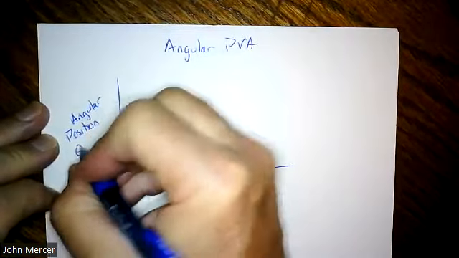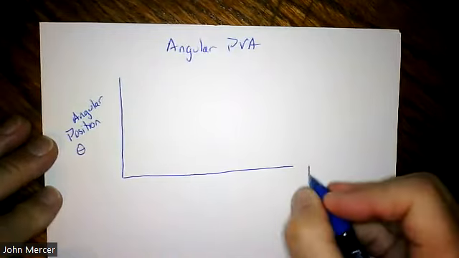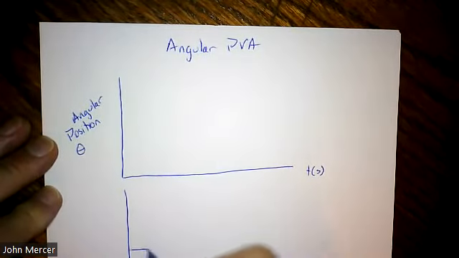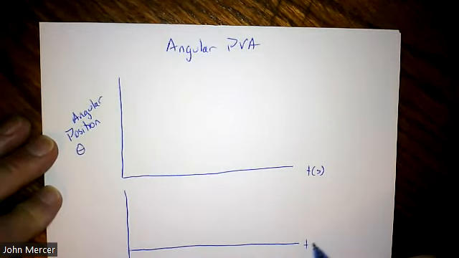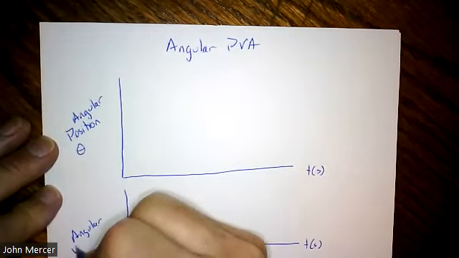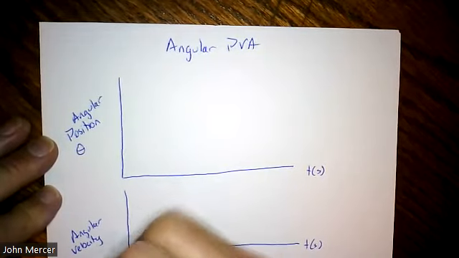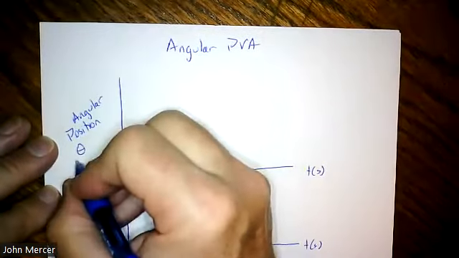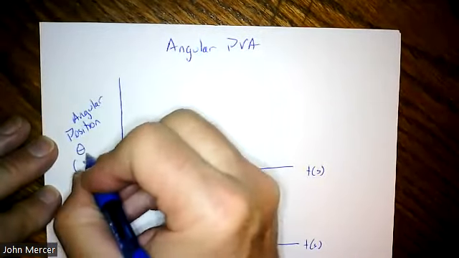This is theta, and this is time on this axis, and then right below that I will do angular velocity. And that's omega, and these are degrees per second.